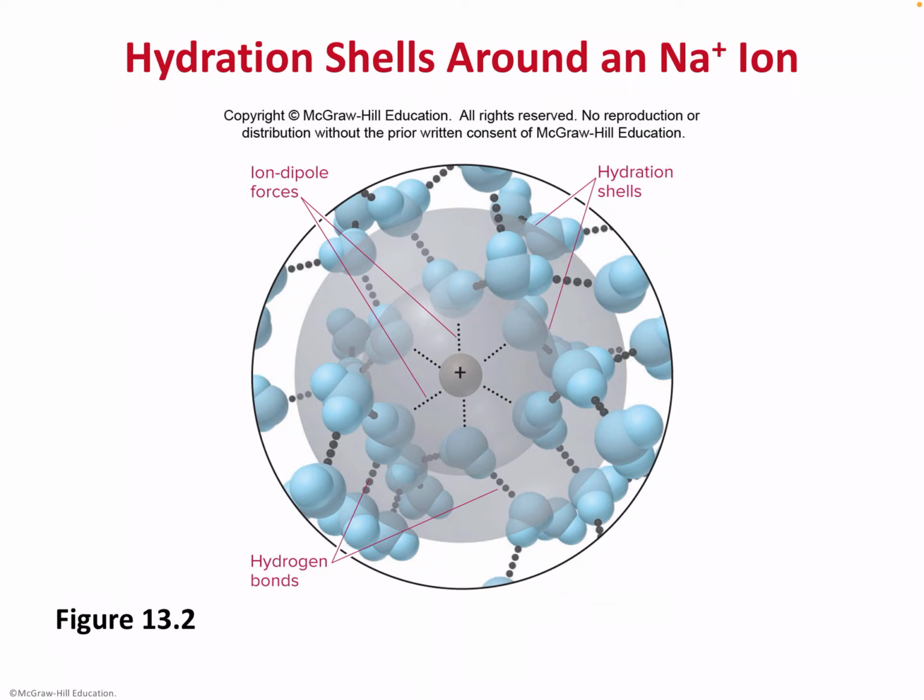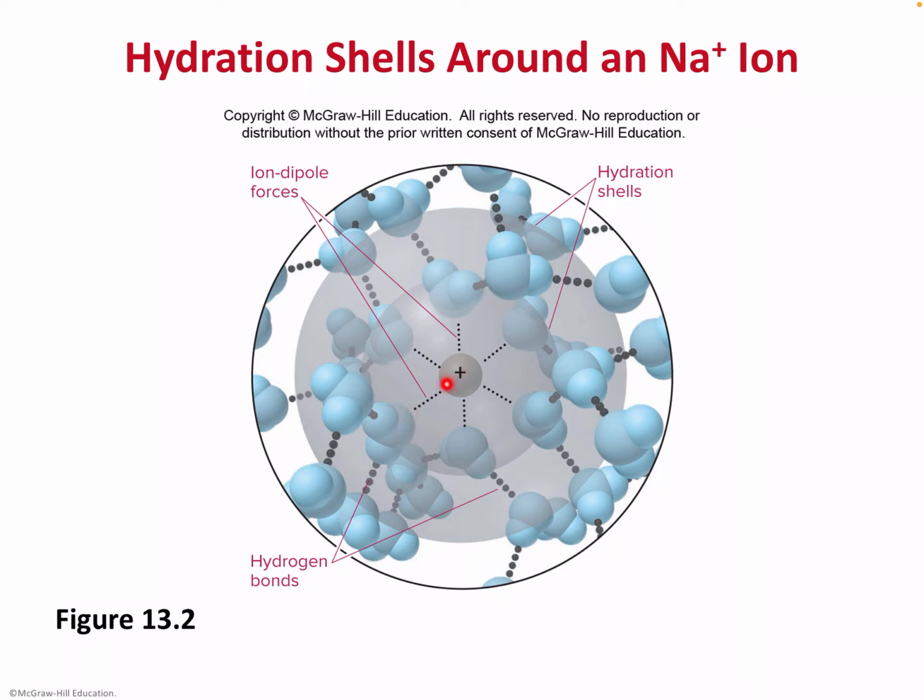Hydration shells around a sodium ion. Earlier we also looked at the sodium. So you can see this is the sodium ion, positively charged, and the water molecules are going to be surrounding the sodium ion. How do they do that? That is the ion-dipole force.